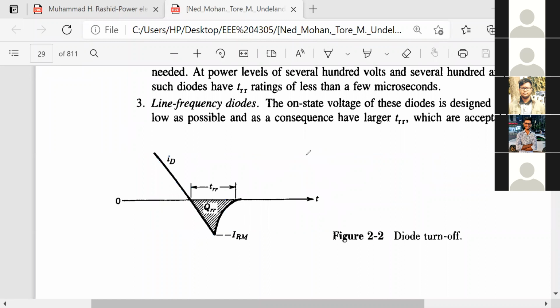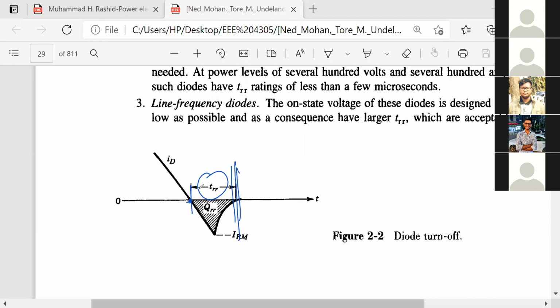So look here. The diode is not off here. It takes some time, which we call the reverse recovery time. If this reverse recovery time is less, then we call it fast recovery. If it takes a long time, it is not fast recovery. Why?